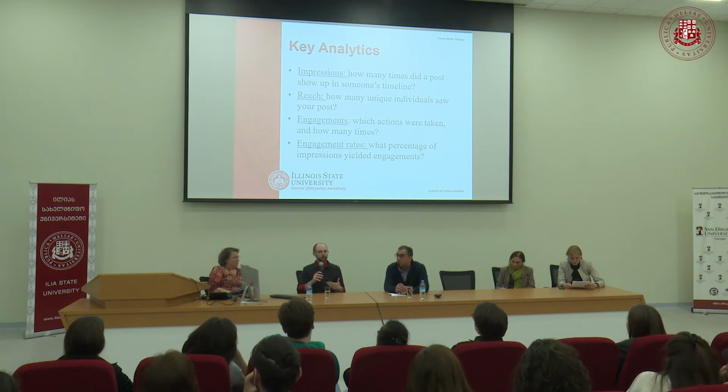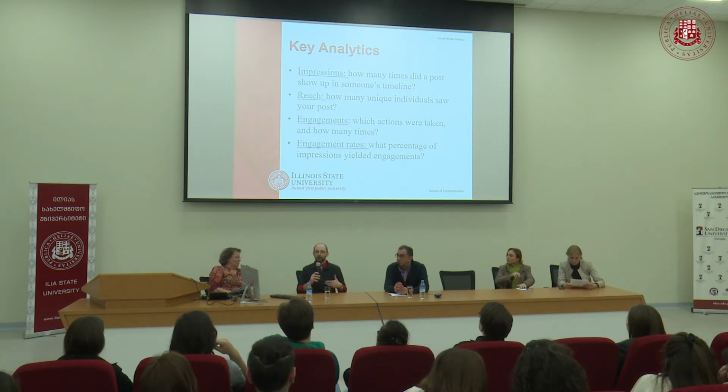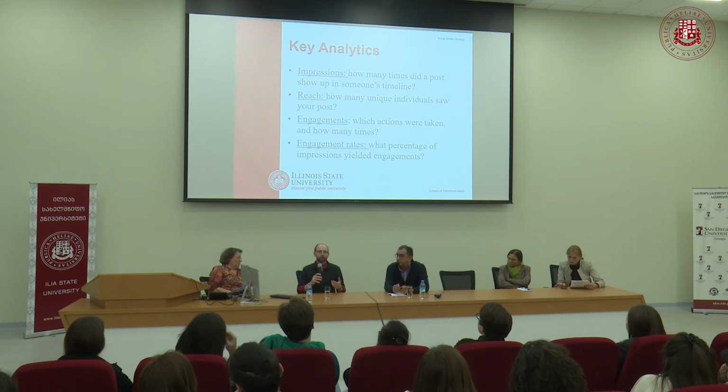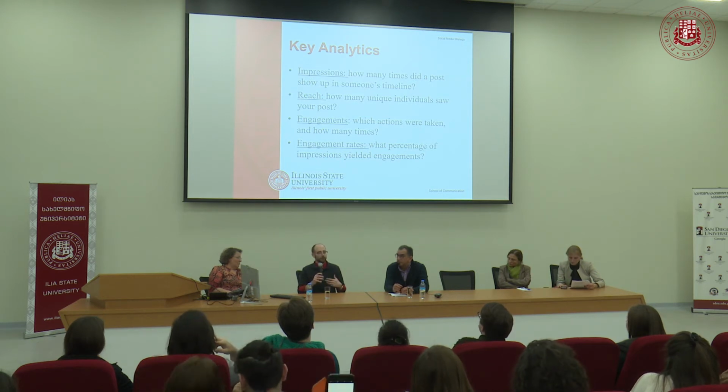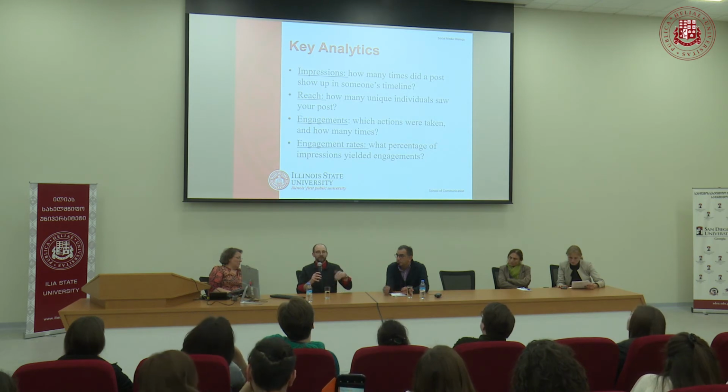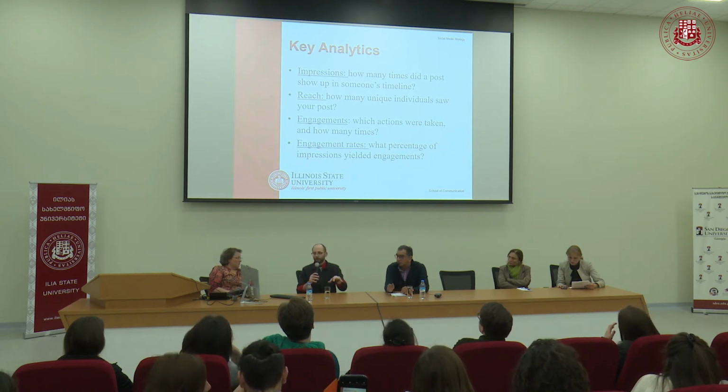And so first, we're thinking about things like impressions. Facebook and Instagram will measure how many times your post has showed up in someone's timeline. Second, Facebook especially will measure something called reach, which shows you the number of unique individuals that your posts are able to reach. So not simply how many times it's showing up, but those unique numbers out there.